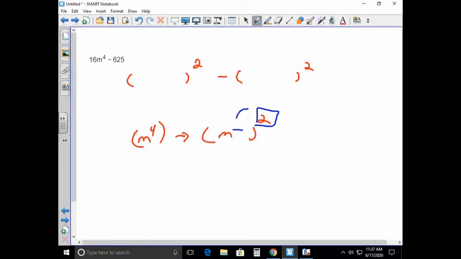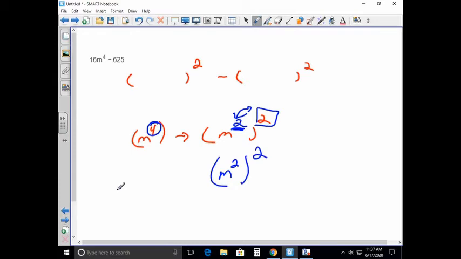This exponent times that one. So what would our exponent here need to be so that when we multiply those exponents, we make 4? Well, it would need to be a 2. So m to the fourth can be written as something squared.